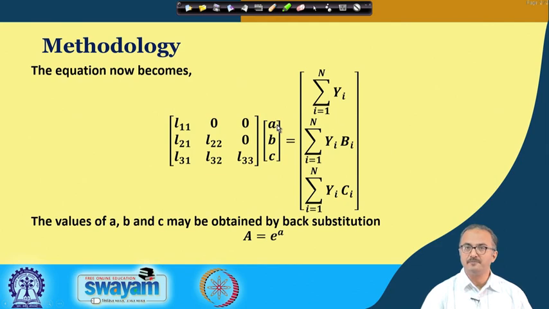You can just do a forward substitution, that is, you start with the first row to get the value of A, and then with this value of A you get the value of B from the second row, and then you go to the third row to get the value of C from the values you obtained for A and B. Okay. And then, this A gives you the value of the capital A, which is there in the original equation, and with this you now have the total correlation.